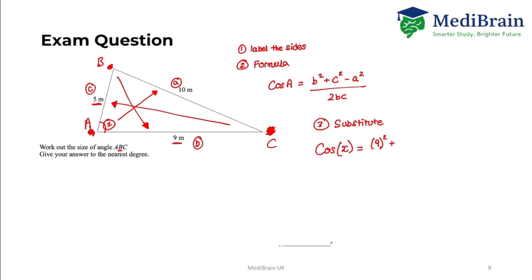Where's c? c is over here, that's 5. 5 squared minus a, which is over here, which is 10. So it's going to be 10 squared over 2 lowercase b, which is over here, and lowercase c, which is over here, 2bc. Okay, just like that.